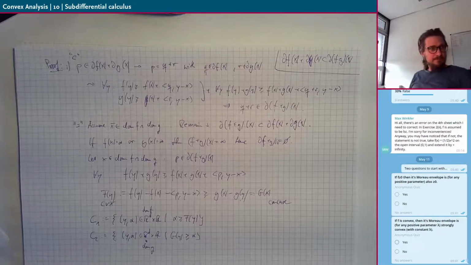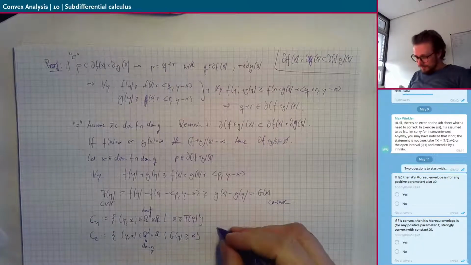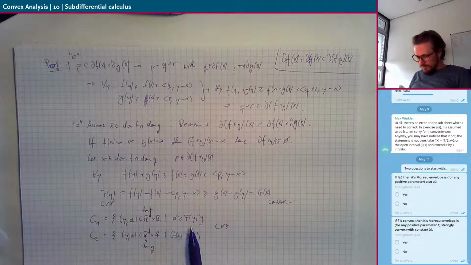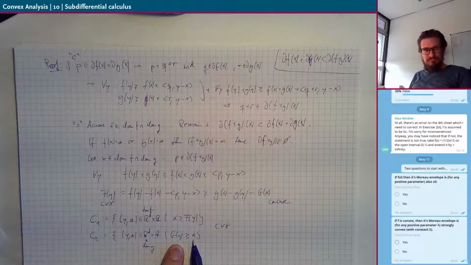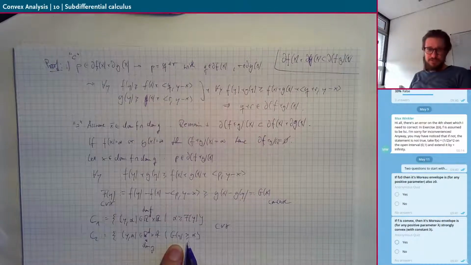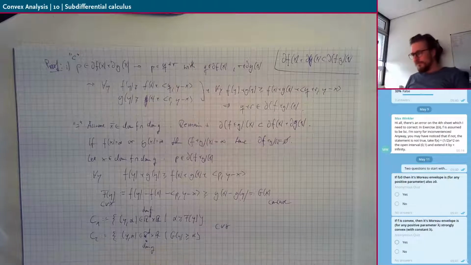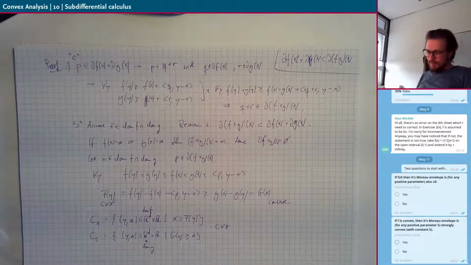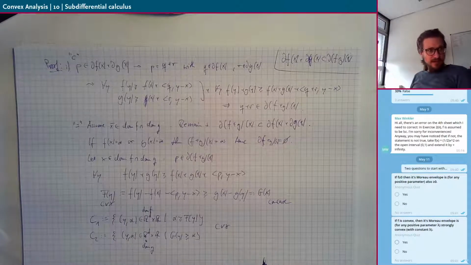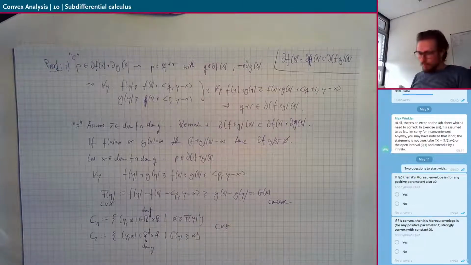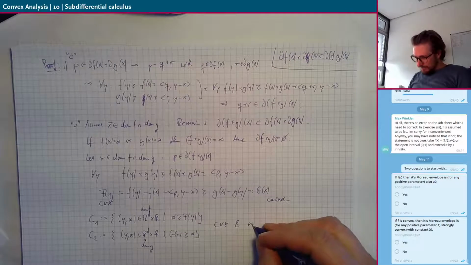Both of these are convex sets, because this is the epigraph of F, and this is the subgraph of G. G is concave, so the set of tuples below the graph is convex again. This is an epigraph, and this is a flipped epigraph. So still convex, and moreover non-empty.